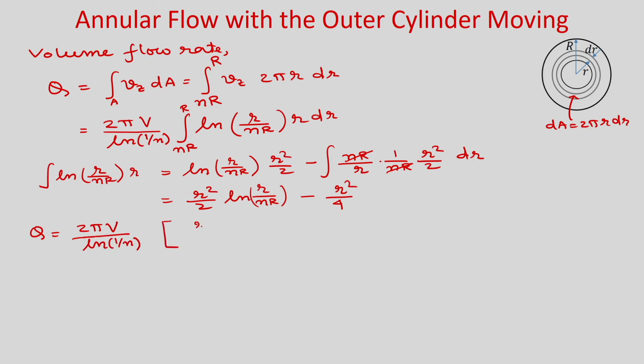So, it will be r square by 2 ln r by n r minus r square by 4 n r to r.